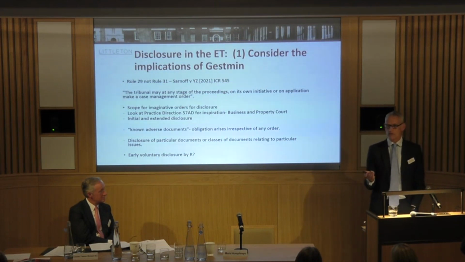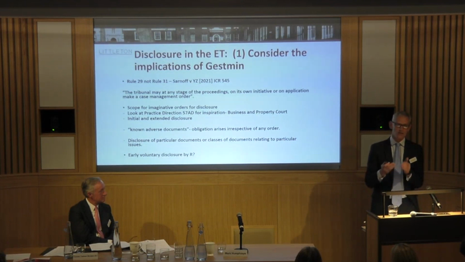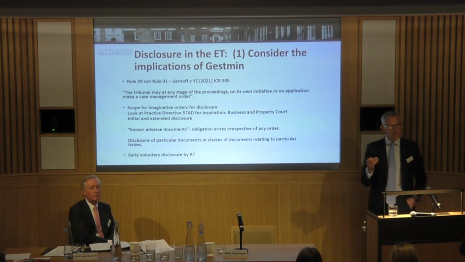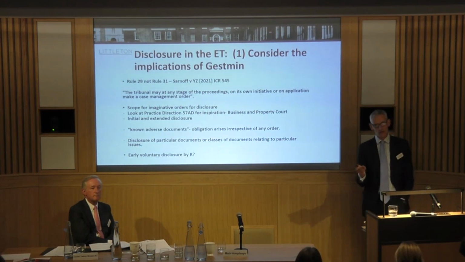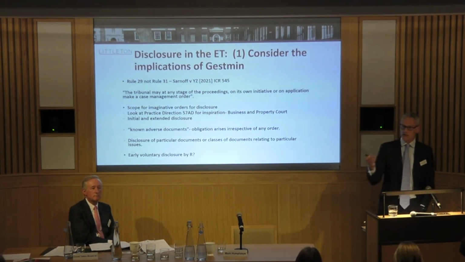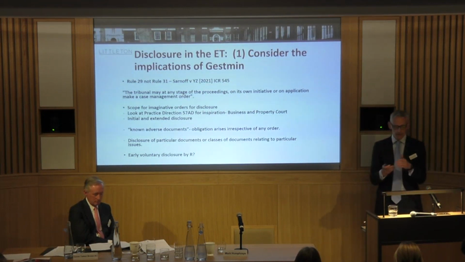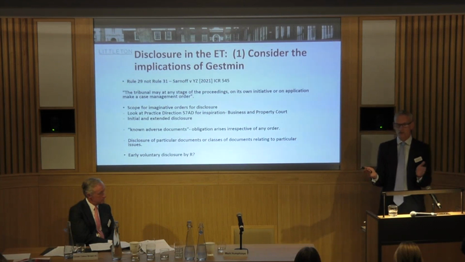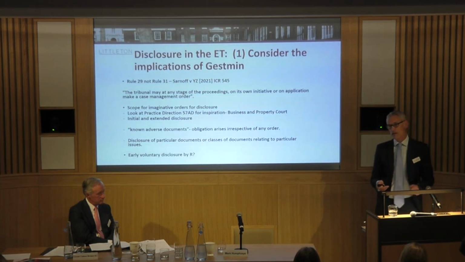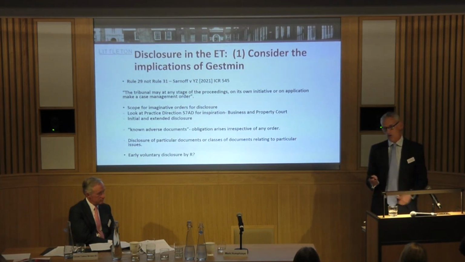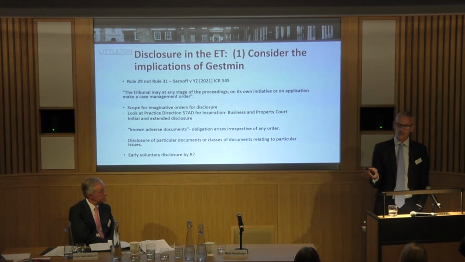I'm suggesting that before the PH, because disclosure is so important, it's sensible to address the issue in pre-action correspondence, write to your opponent saying these are the disclosure orders we will be seeking. There may be a disclosure order for known adverse documents. It may be early disclosure on documents relating to the critical issue in the case.